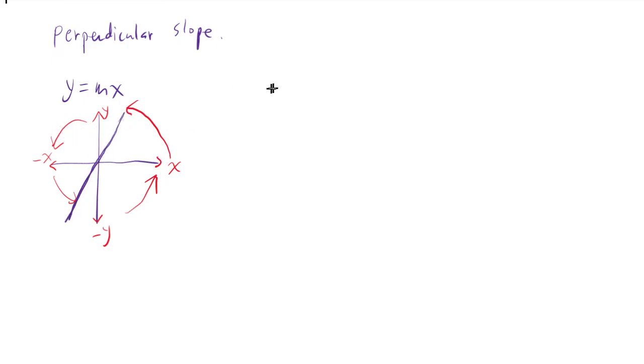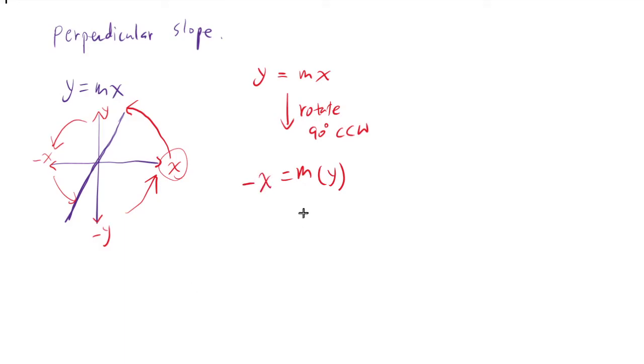So what does that mean? That means if you have y equals mx, rotate 90 degrees counterclockwise, then x goes to y, right? So in here, x is replaced by y. And where does y go? y goes to negative x. So y gets replaced by negative x.